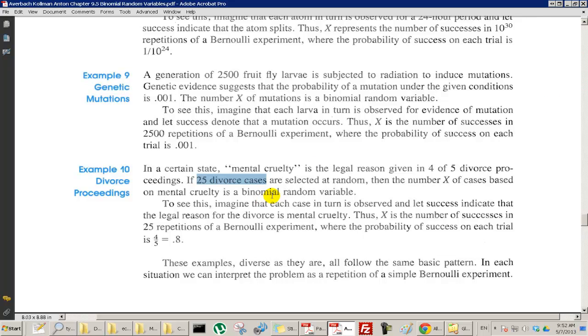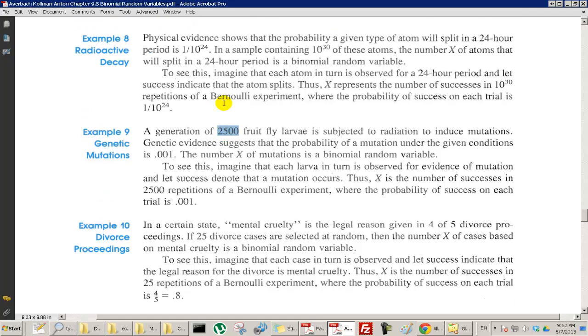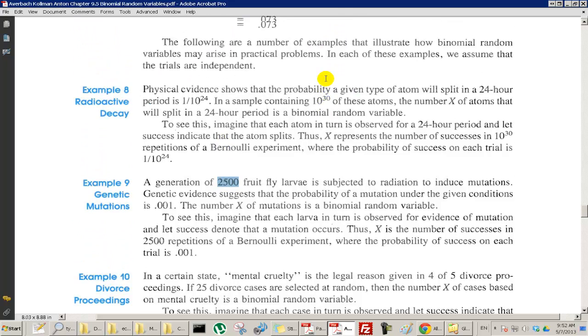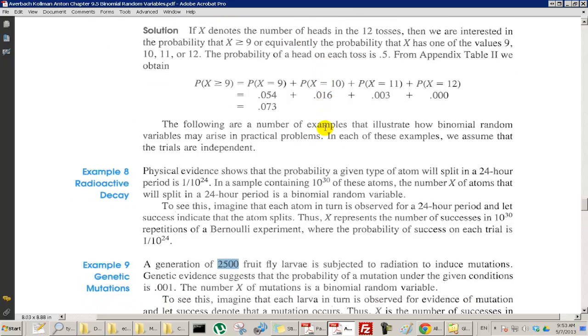So now the difference is, first of all, here we're talking about 25 cases, or maybe 25 tosses of a coin. Here we're talking about 2,500. In the other case, we were talking about 10 to the 30th. In another case, we were talking about tossing the coin 12 times. That's one difference, the number of times we repeat it.